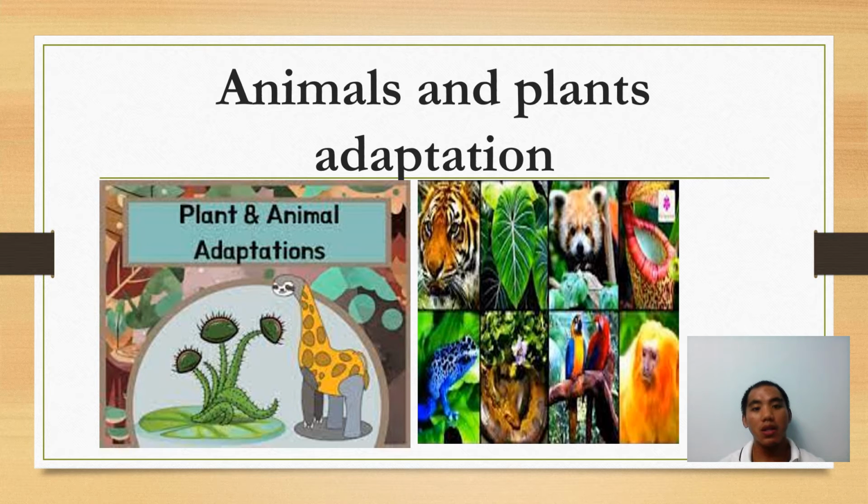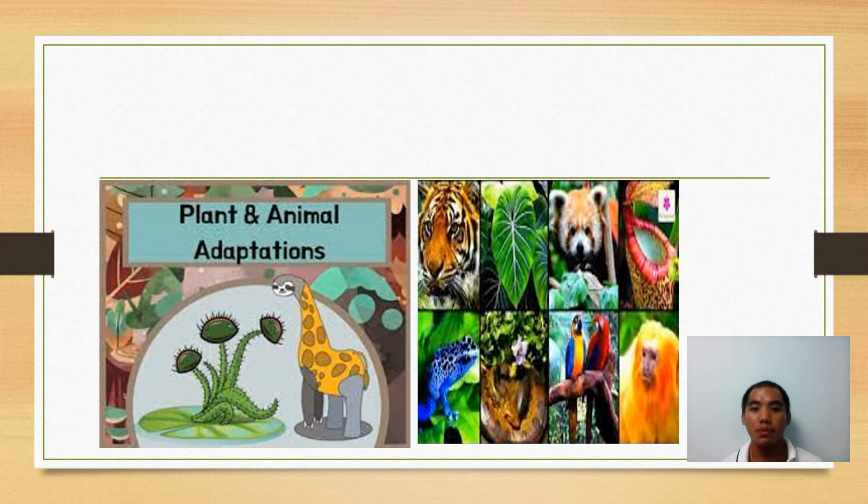It's not only animals, but also plants, because all living things can adapt to their own place or habitat, or what we call their environment. Later on we're going to have some examples of animals and plants that can adapt to their environment. Are you ready?